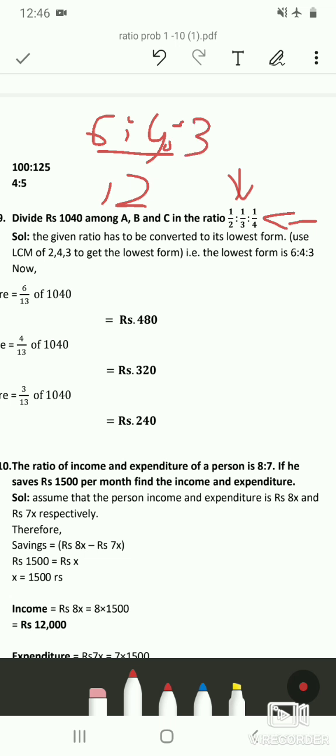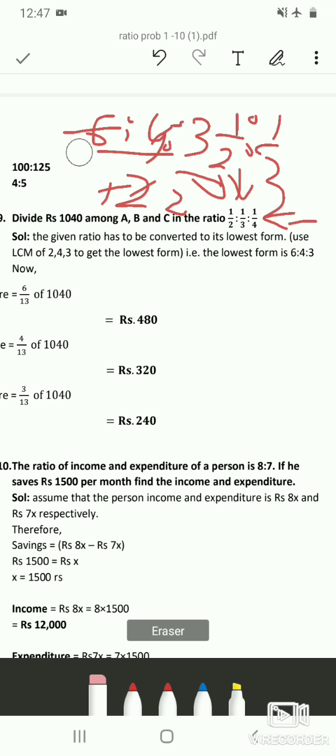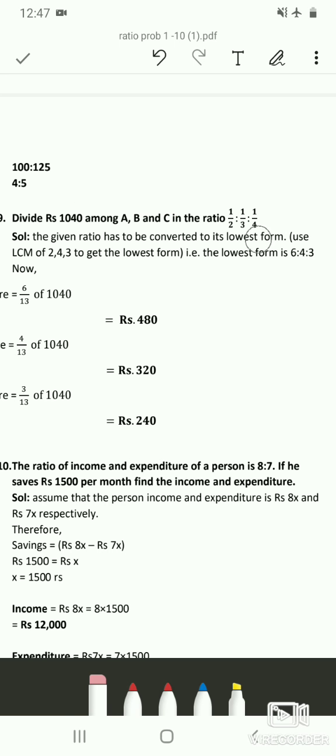Therefore your lowest form would be 6:4:3, because when you try to simplify it again, you will get back to the given terms: 6 ones are 6, 6 twos are 12, so you got 1/2. The next ratio would be 1/3. So you can see we have obtained the lowest form of the given ratio.